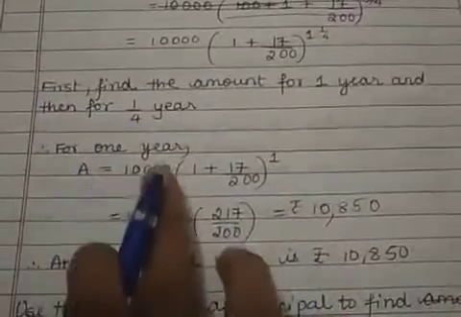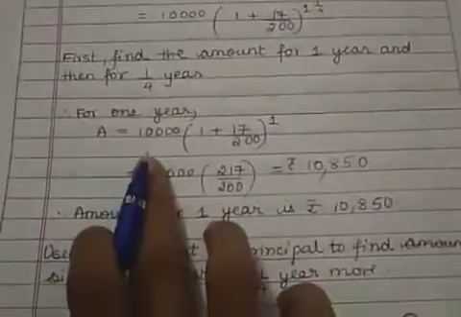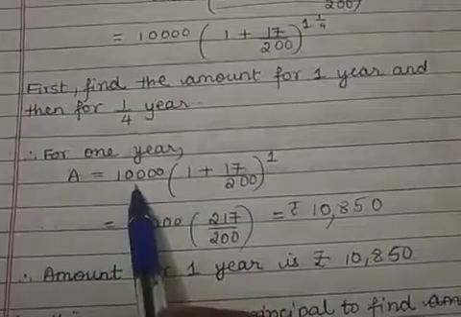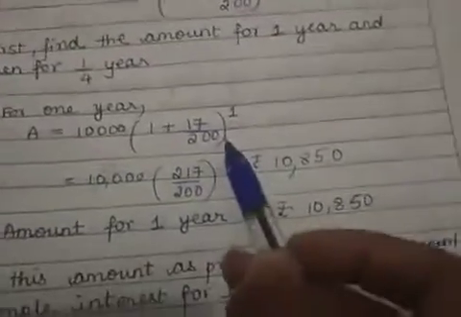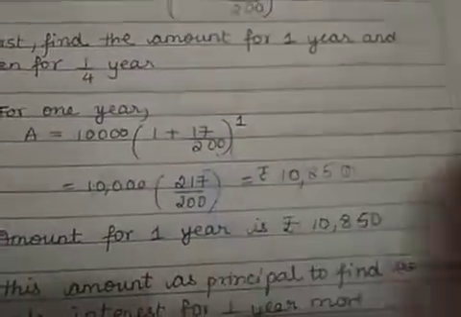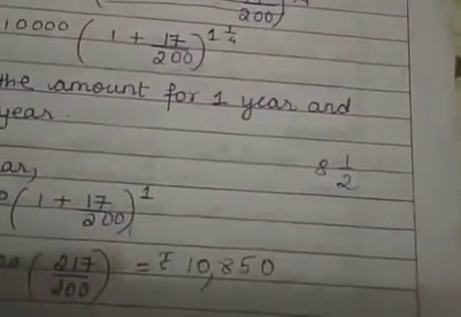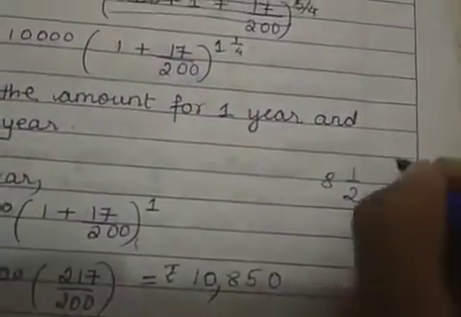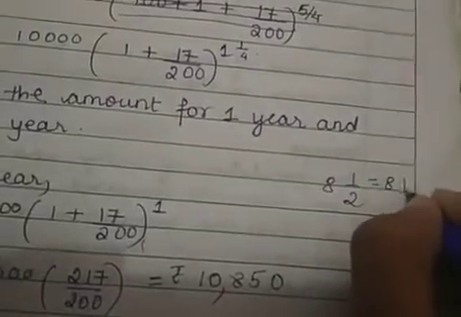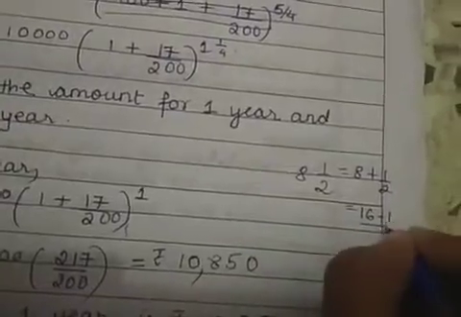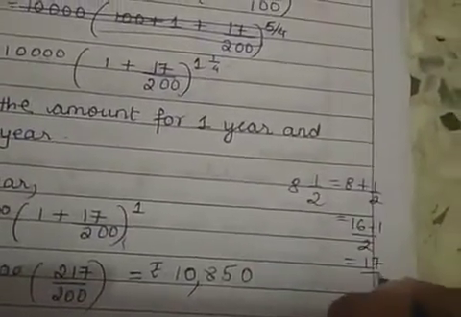So for 1 year, amount is 10,000 into 1 plus rate of interest, which here is 8 and a half, or 8 plus 1 by 2. This is 16 plus 1 upon 2, which is 17 upon 2.